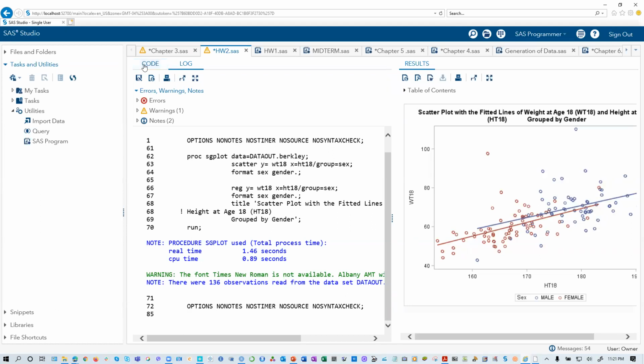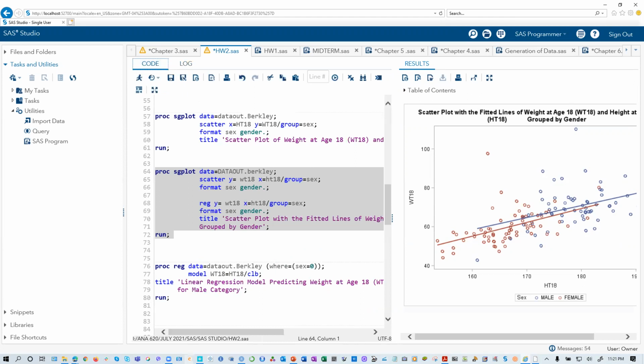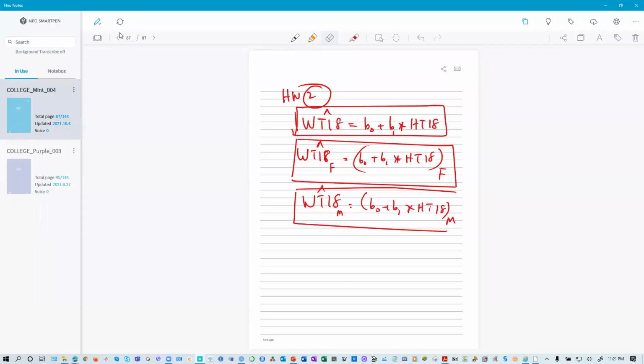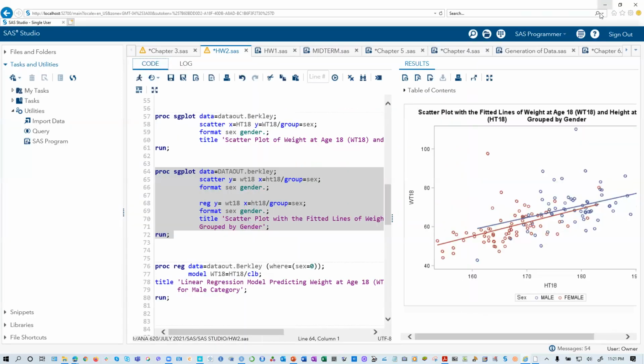Thank you. Okay, good. And then what I'm trying to say here is that when you see parallel lines, there's no interaction. What do you mean by the interaction?